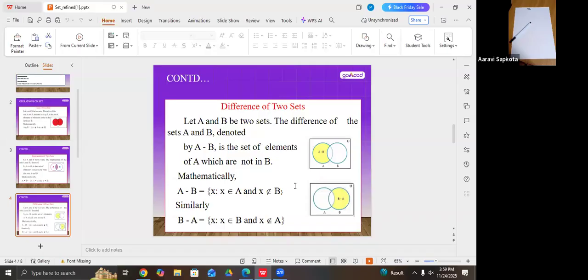So we can see that A minus B and B minus A are disjoint sets. किनभने A minus B मा B का एलिमेन्ट्सहरु पर्दैनन् भने B minus A मा A का एलिमेन्ट्सहरु पर्दैनन्. त्यही भएर they are disjoint. That is, they don't have elements in common.